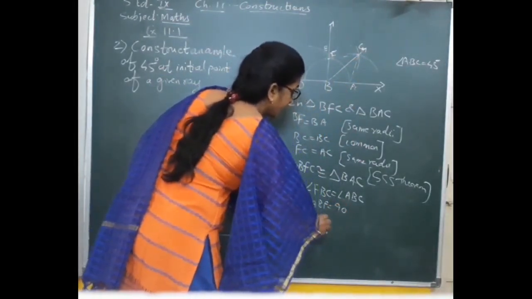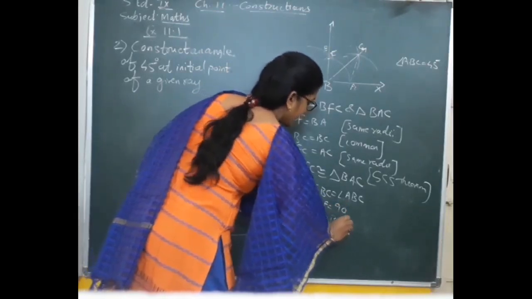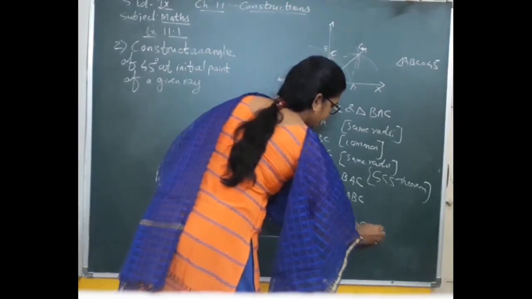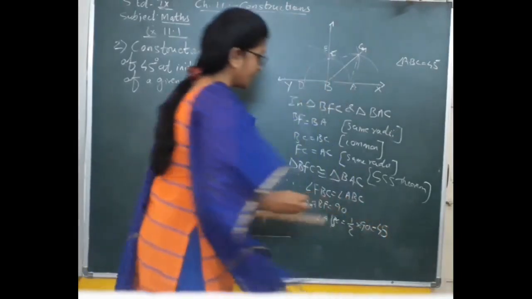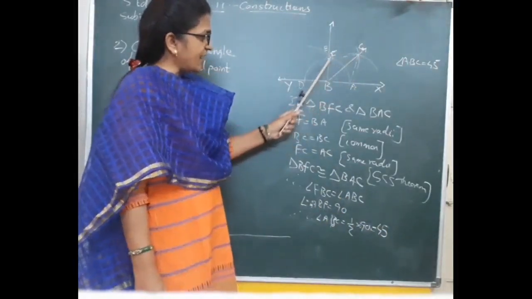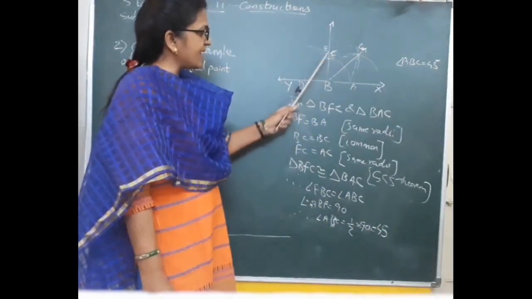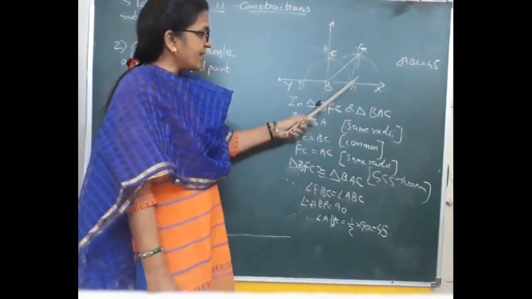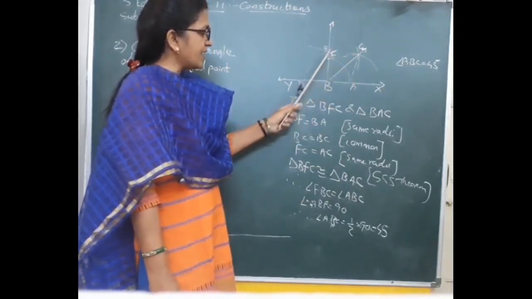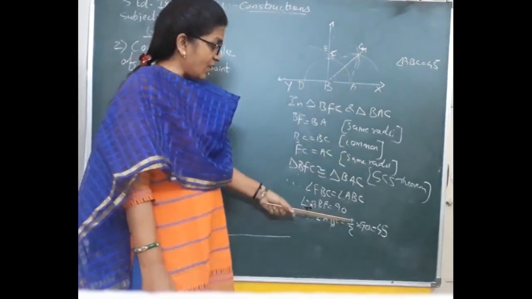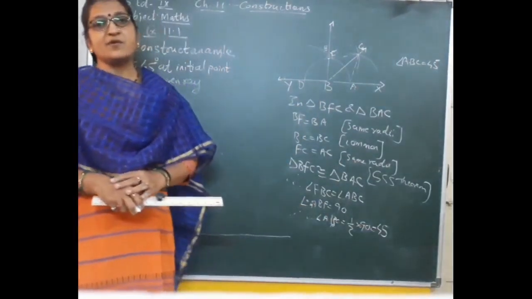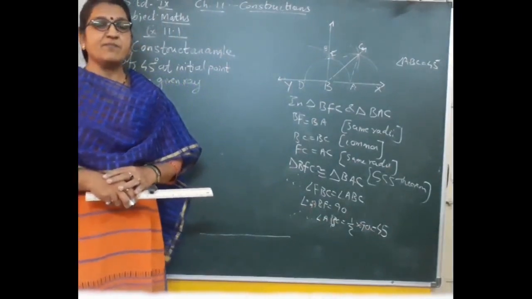Therefore, angle FBC as well as angle ABC is equal to half of 90, which is 45. Now do the remaining sums as homework and submit it by tomorrow.